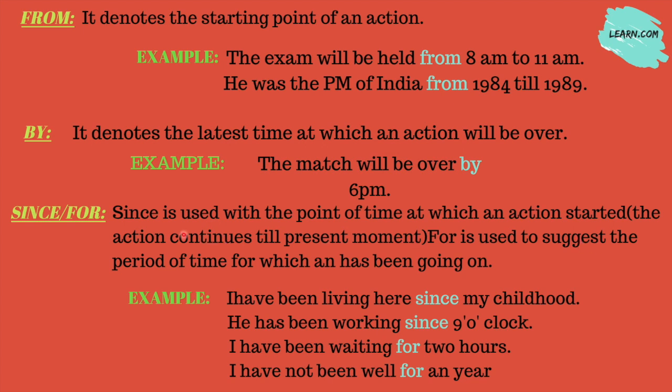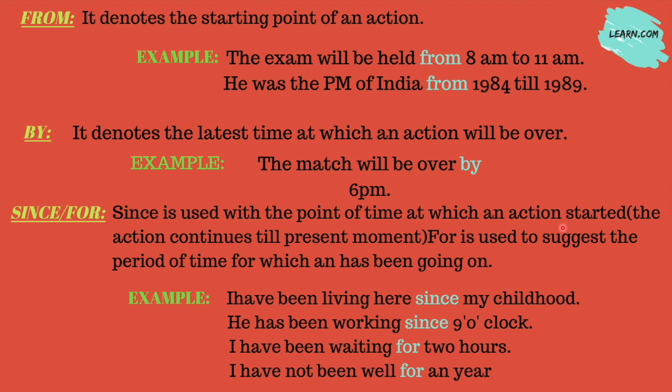What we are trying to say here is since is used with the point of time at which an action started. That is, we are talking about an action which started in the past but still continues. So when we talk about an action which started in the past and continues at the moment when we are talking about it, then we use since.